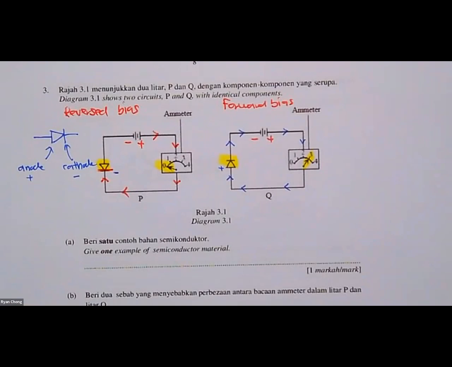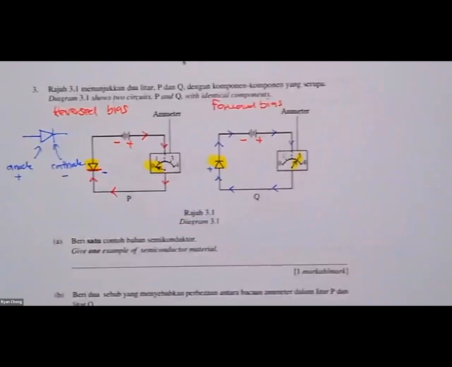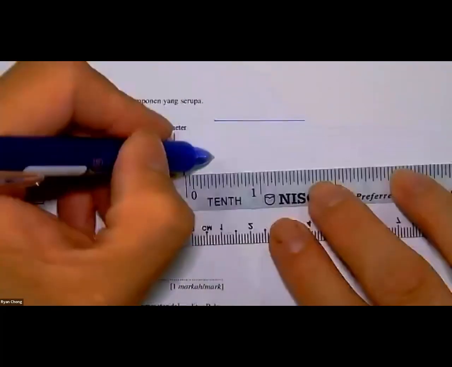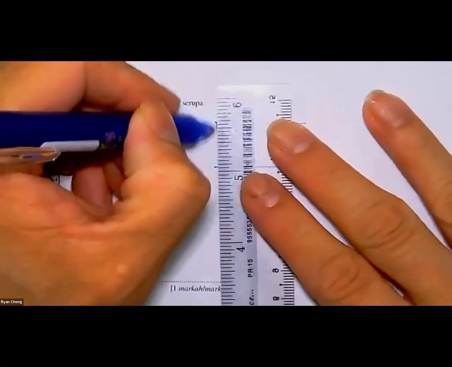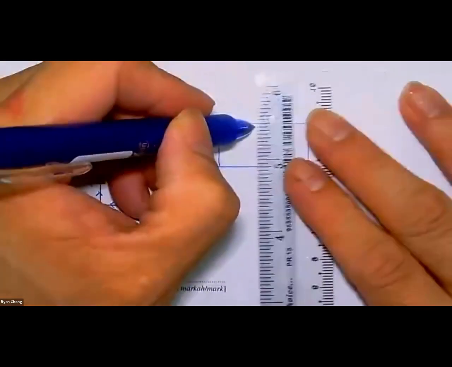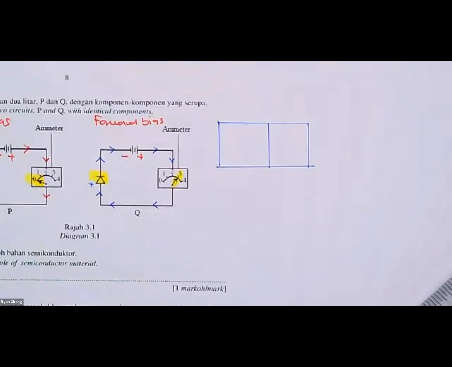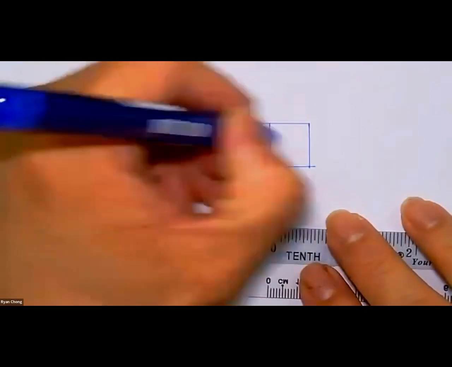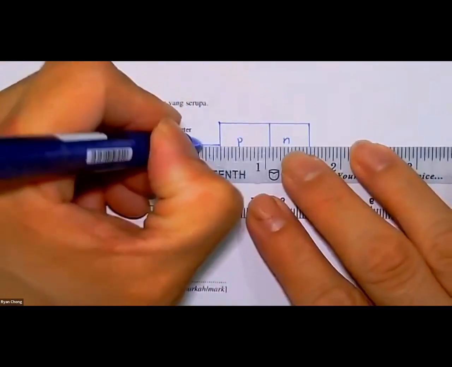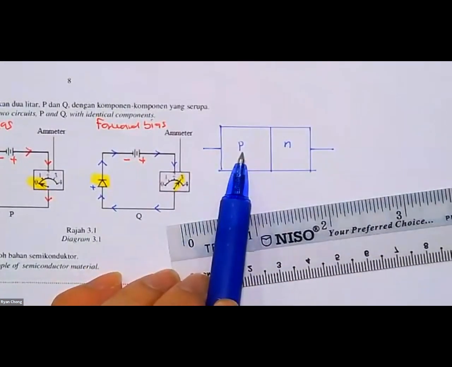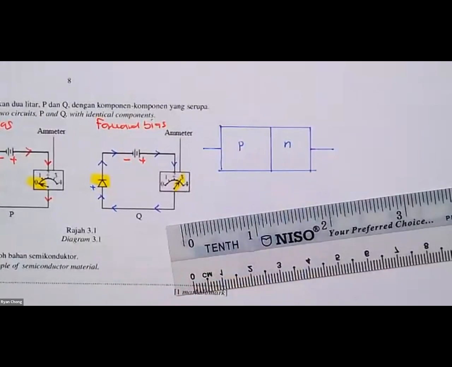A student asked, teacher, can you explain the mechanism? No problem. If you want to explain anything about your diode, you have to know the diode comes from P and N: P type semiconductor and N type semiconductor.